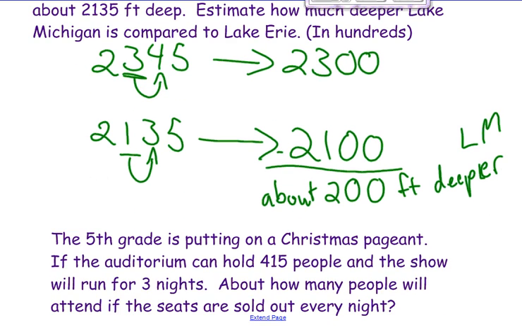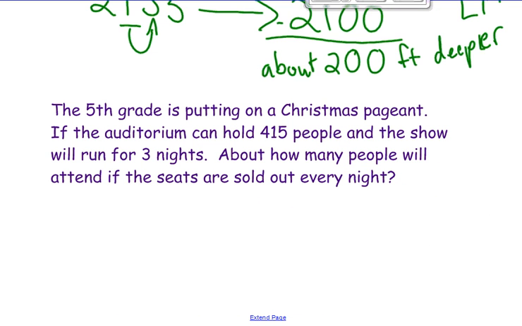One more problem to help us understand this idea. It says the 5th grade class is putting on a Christmas pageant. The auditorium can hold 415 people, and the show will run for 3 nights. About how many people will attend if the seats are sold out every night? So this has us thinking a little bit, right? We have 3 nights, right, times our tickets.